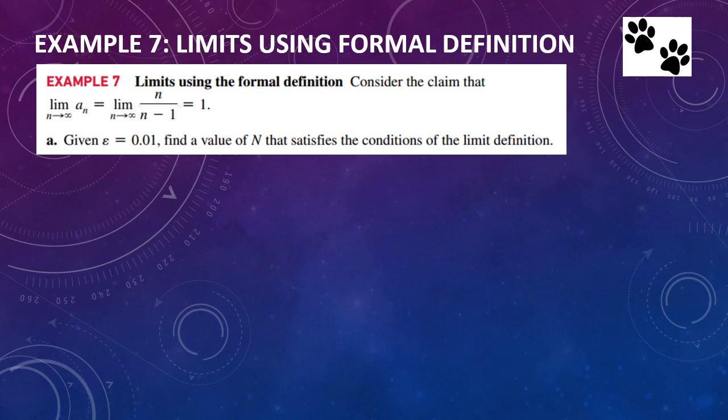I think it's really important that you try to do this problem on your own without watching me go through it first. At least try it. This is one of the most challenging problems here, certainly in this section.